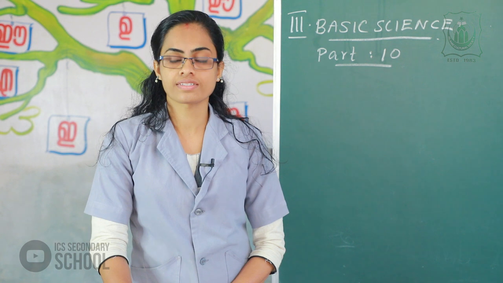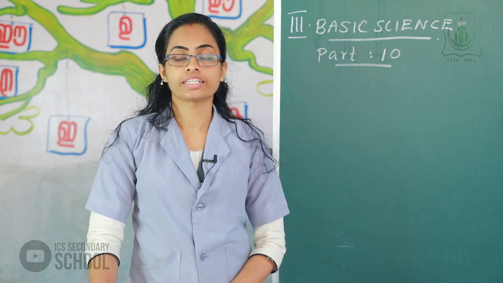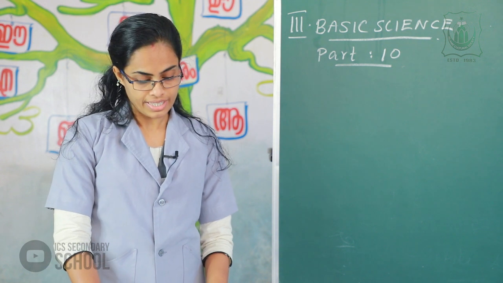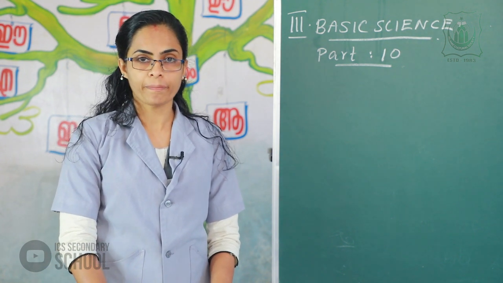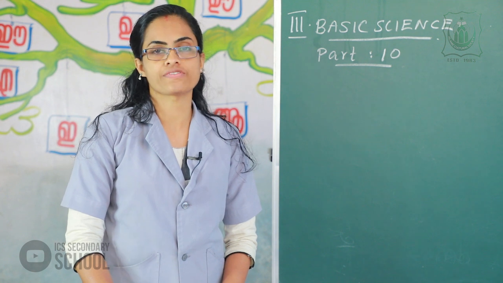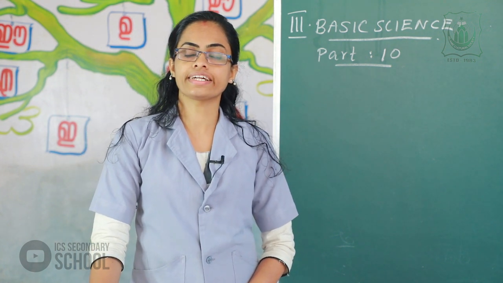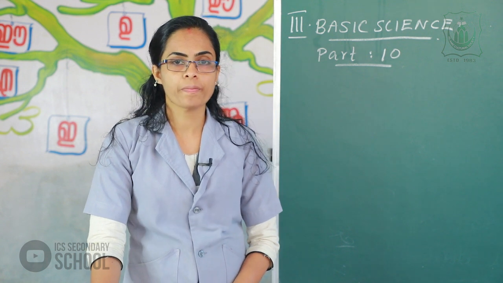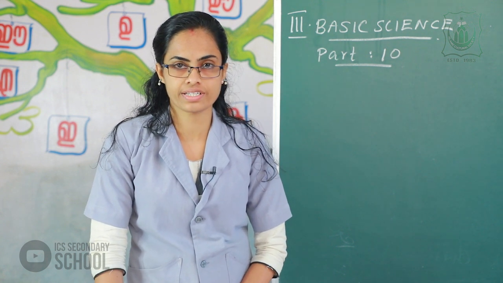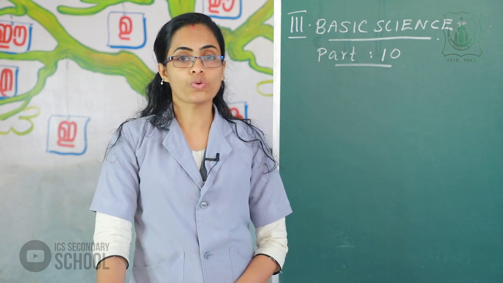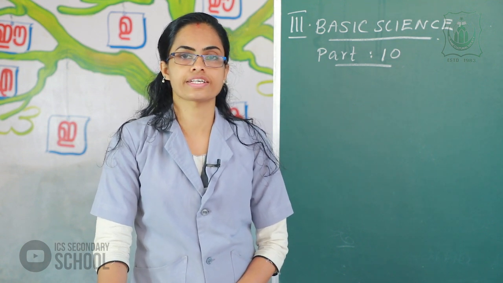Today we discuss third basic science, a part of a plant: leaves. In the last class we already discussed the different parts of a plant, root and stem.